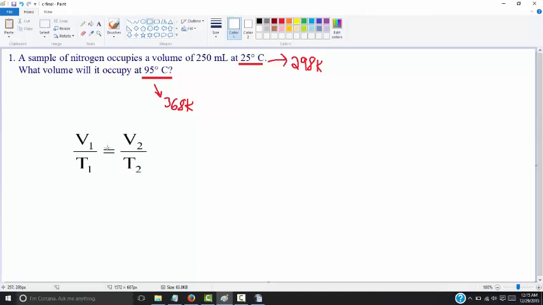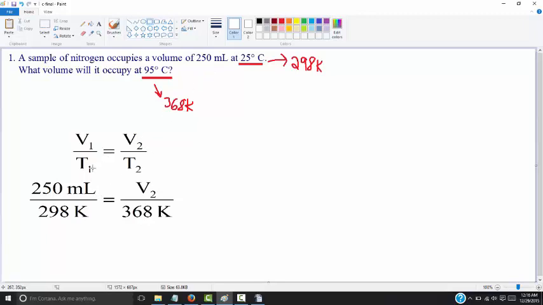So again, the initial starting equation for Charles' law: initial volume divided by the initial temperature equals the final volume divided by the final temperature. So now you're trying to find the volume, because it's asking what volume would it occupy. So it's asking for volume 2, so we need to rearrange everything to solve for this. Going ahead to plug in the values, initial volume, V1, 250 milliliters, that's what you were given in the question.